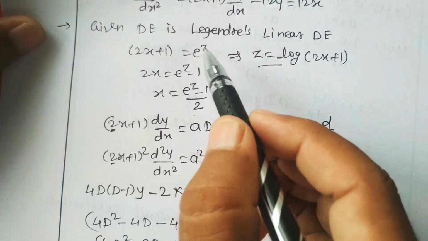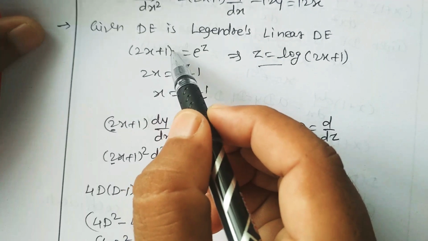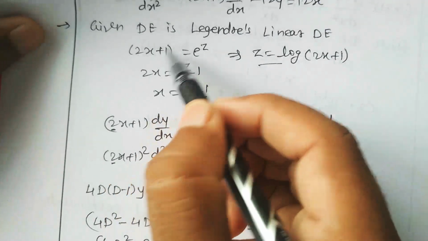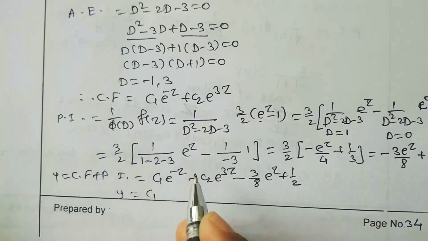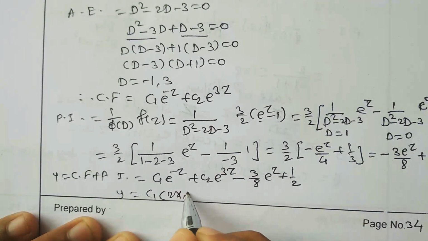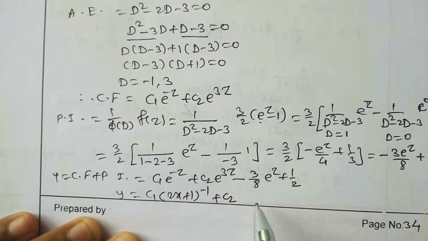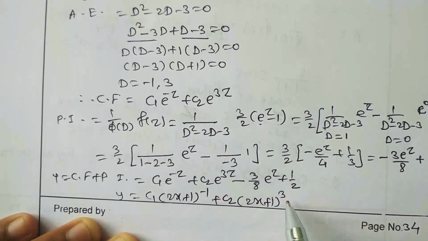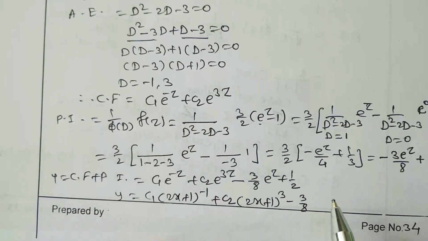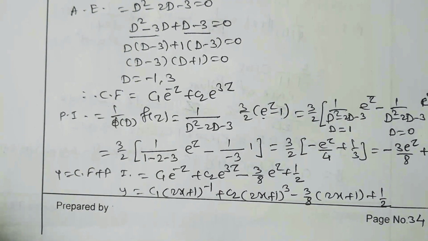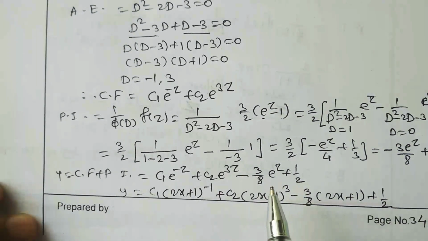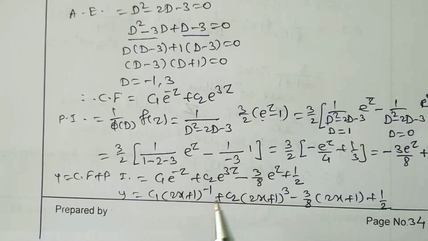And also the values of e^(−z) and e^(3z): e^(−z) is (2x+1)^(−1), and e^(3z) is (2x+1)³. So here y = c1(2x+1)^(−1) + c2(2x+1)³ − 3/8 (2x+1) + the last term 1/2 as it is. So this is our final answer for the given Legendre's differential equation.